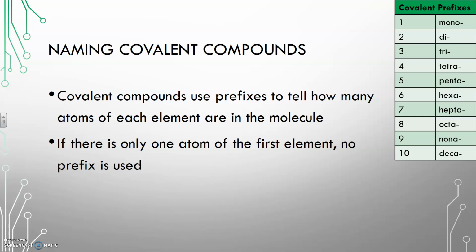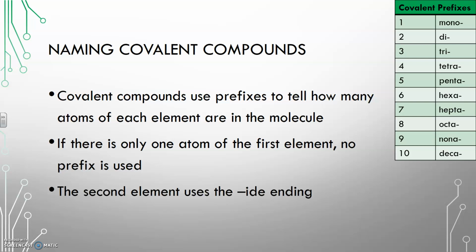Okay, so you do have to use the prefix. So talking about water, if you were going to name it in this system, it would be dihydrogen because you have 2 hydrogens, monoxide. Okay, because there's one oxygen. So dihydrogen monoxide tells you right there you have 2 hydrogens, 1 oxygen, H2O.